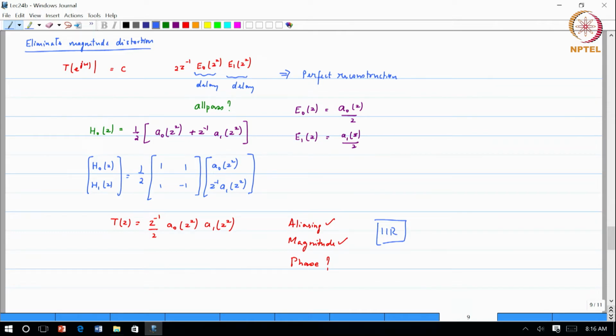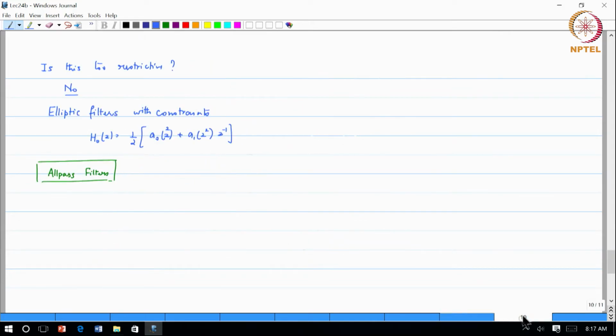We said that they could be all pass filters, and if they are all pass filters then the transfer function comes out to be T of Z equals Z inverse by 2, A naught of Z squared, A 1 of Z squared, where A naught and A 1 are all pass functions. So, therefore, you get a perfectly flat T of Z response, and all you need to now worry about is how you get good filters, and in the process what has happened to the phase. Okay, so that is the point where we stopped.